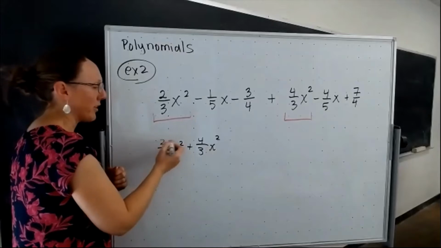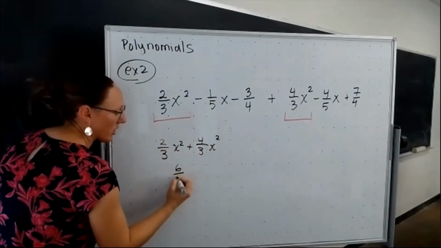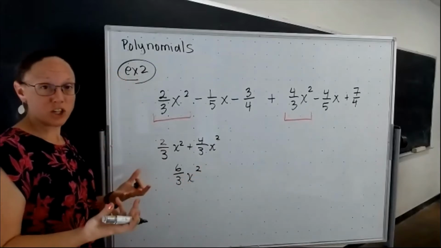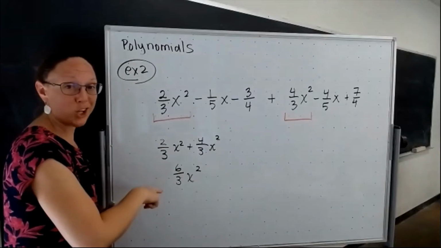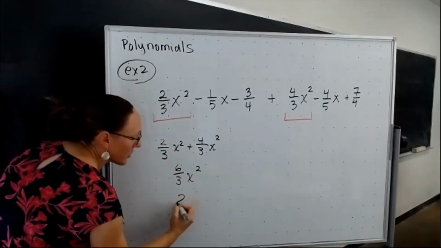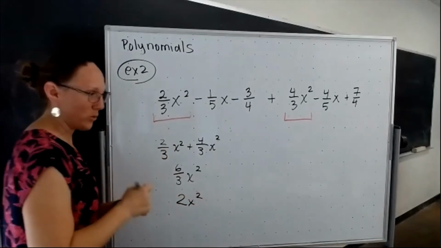I've got 2 of them over here and 4 of them over here. So together, I've got 6/3 of an x squared. And then we can do our fraction thing and say, well, 6/3 is 6 divided by 3. I'm looking at 2x squared. And we'll do the next part.